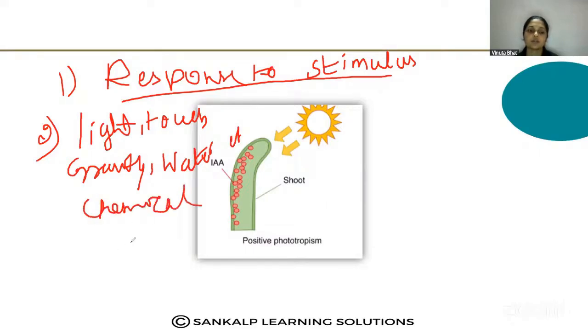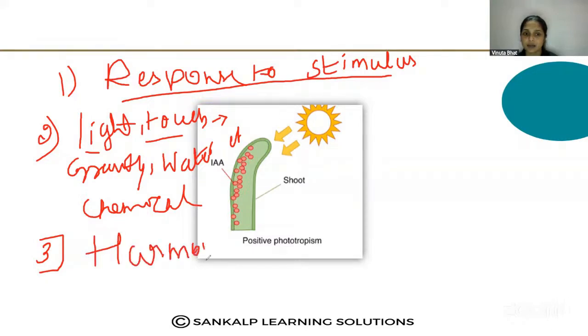So how is the plant going to react to these? These are all stimuli, and the plant reacts to them. And the third one: the control and coordination also takes place by releasing the hormones.